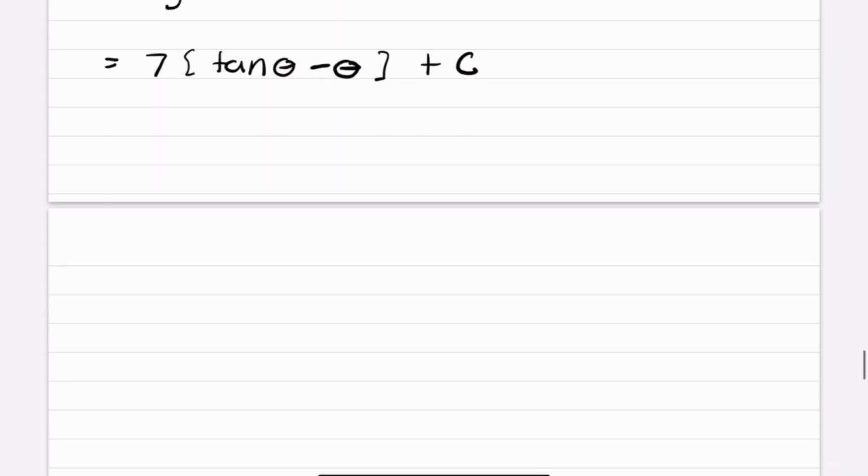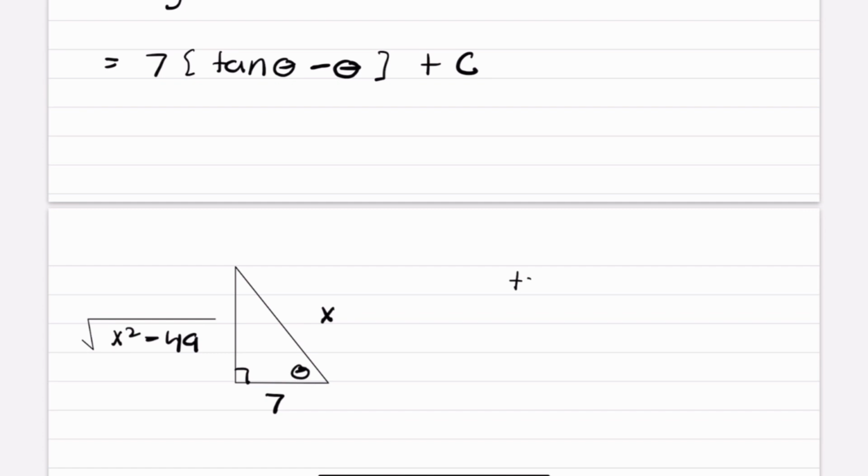So to do that, we need to grab our triangle again. So we have x, 7, and the square root of x squared minus 49. We know that tangent of theta is equal to opposite over adjacent.